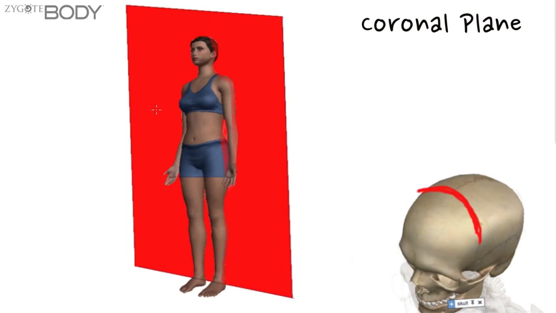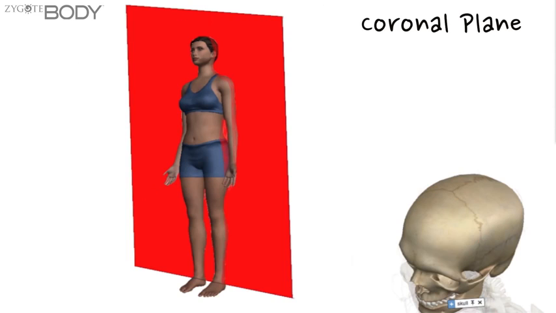This plane runs from side to side, and it divides the body or any of its parts into anterior and posterior portions. It can also be called the frontal plane.